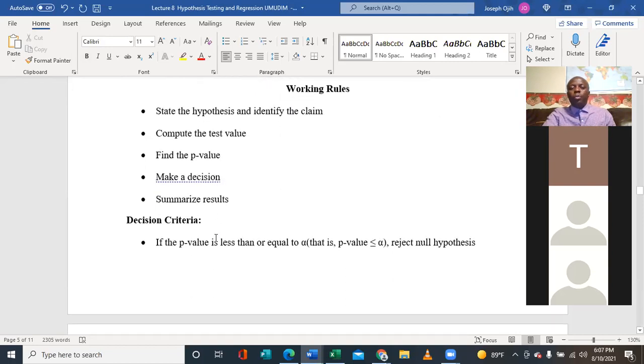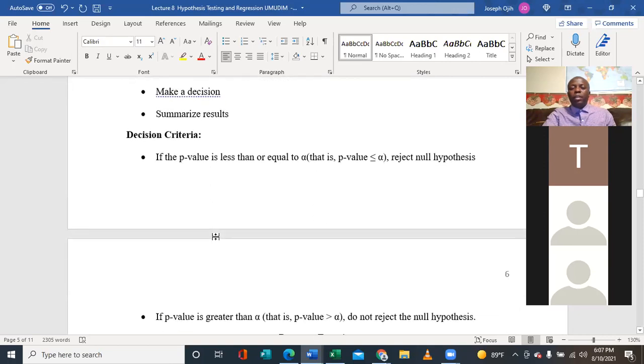Now, how do we make a decision here? The criteria for rejecting or not rejecting is: if the p-value is less than or equal to alpha, then you reject. So it's the opposite of the other one. The other one says if the calculated value is greater than the critical value, you reject the null hypothesis. But here, if the p-value is equal to or less than alpha, reject the null hypothesis.